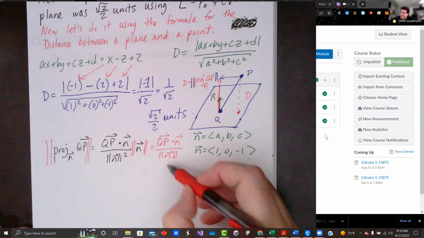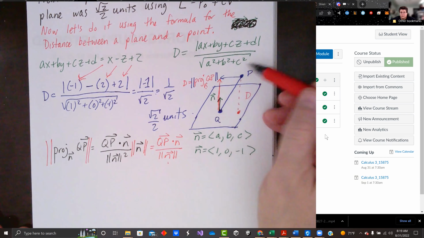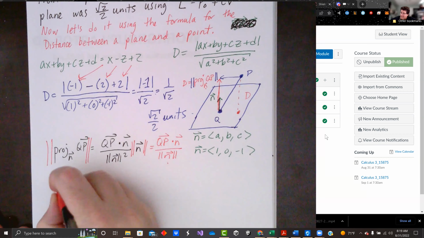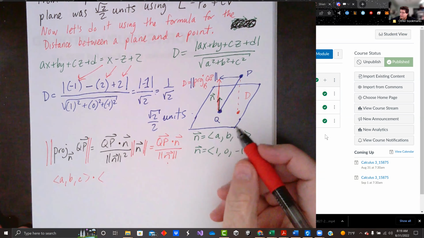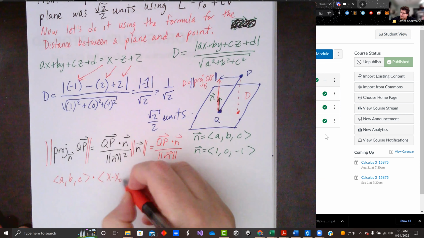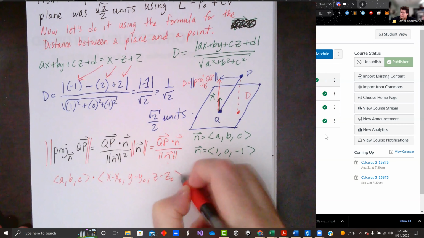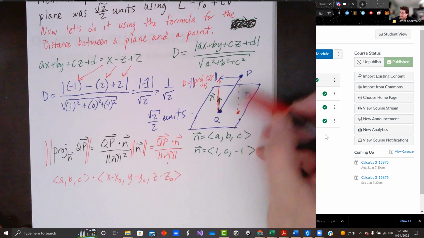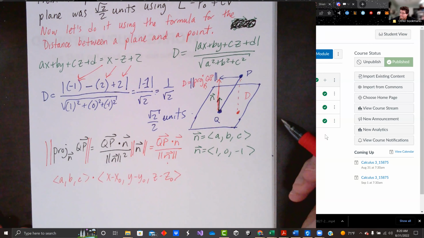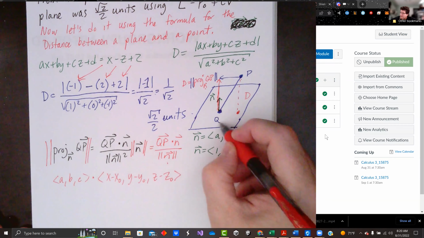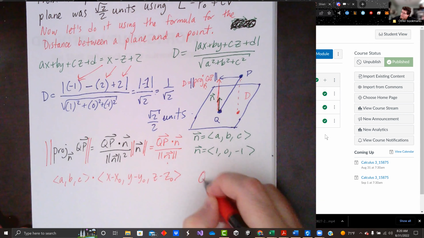And so you can see the magnitude of N is the square root of A squared plus B squared plus C squared. N is A, B, C, and we're dotting it with x minus x naught, y minus y naught, z minus z naught for the QP, where the Q is our x naught, y naught, z naught.